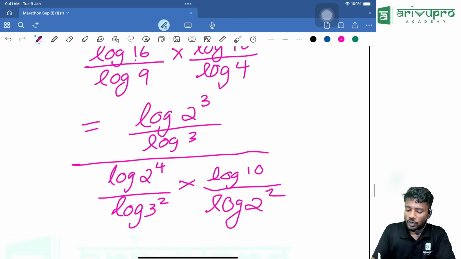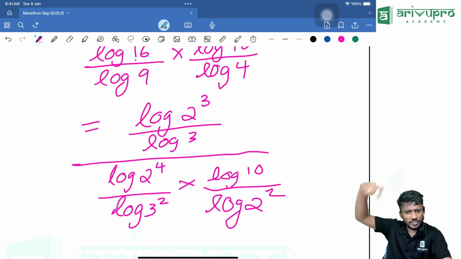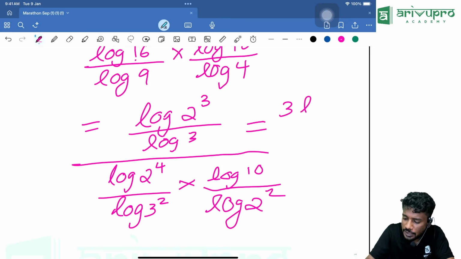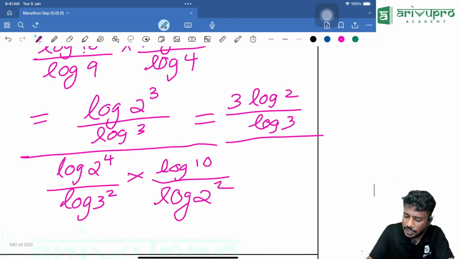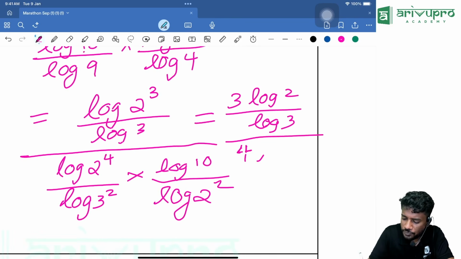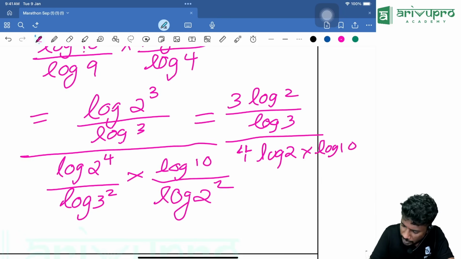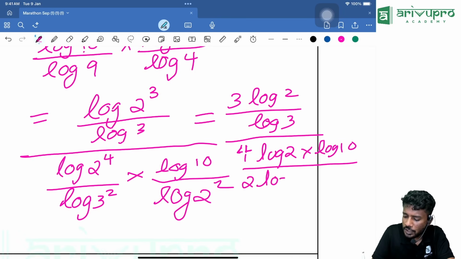Now, log of 2 raised to 3 can be written as 3 log 2. Is that correct? 3 log 2 divided by log 3. The entire thing is divided by 4 log 2 into log 10 divided by 2 log 3 into 2 log 2.